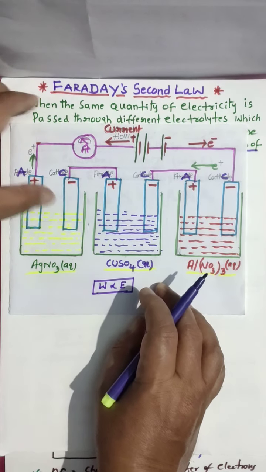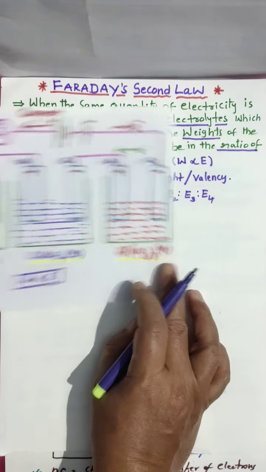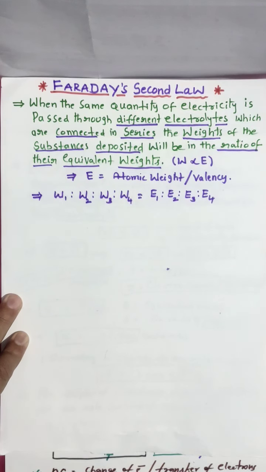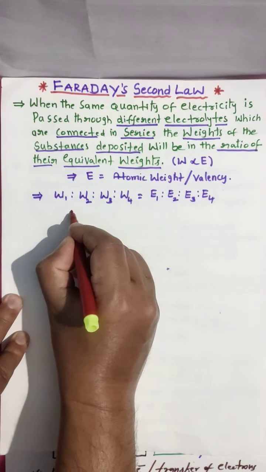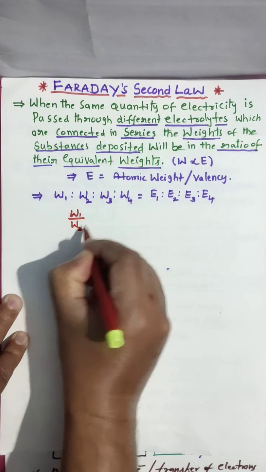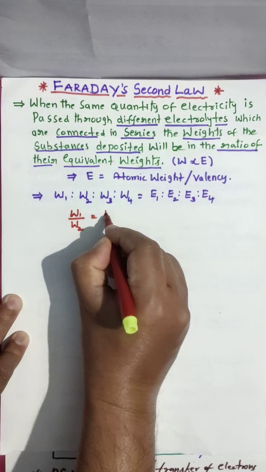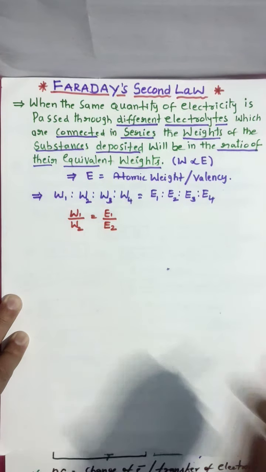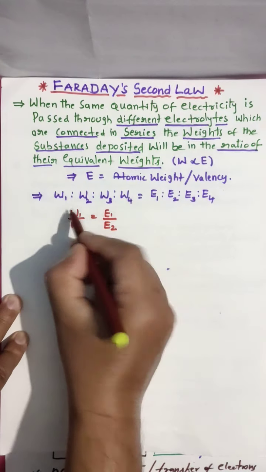Clear? This is the formula. Or you can write W1 upon W2 equal to E1 upon E2. Like this also you can write the formula. Clear?